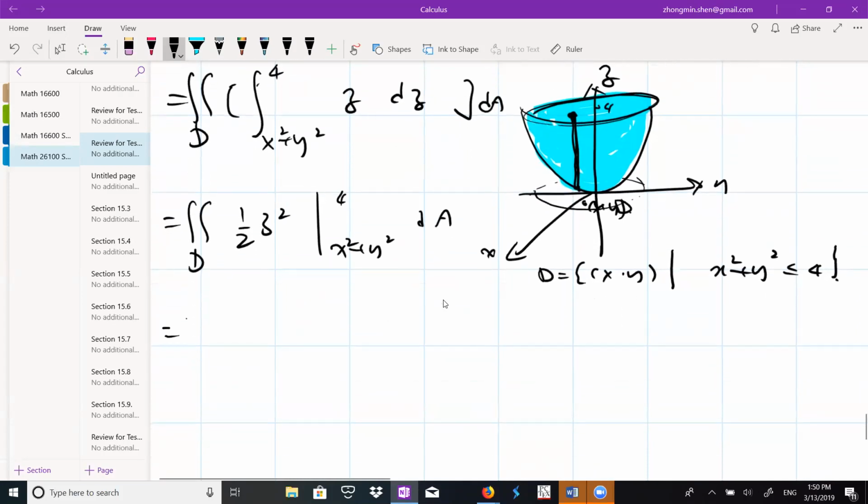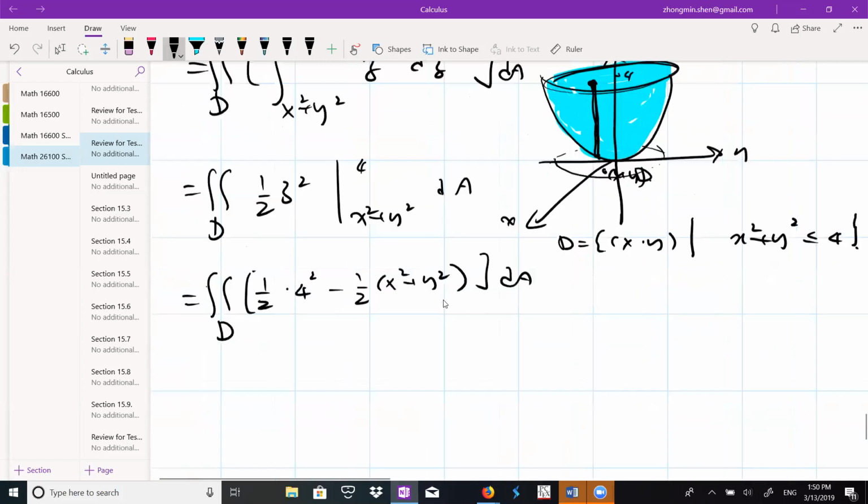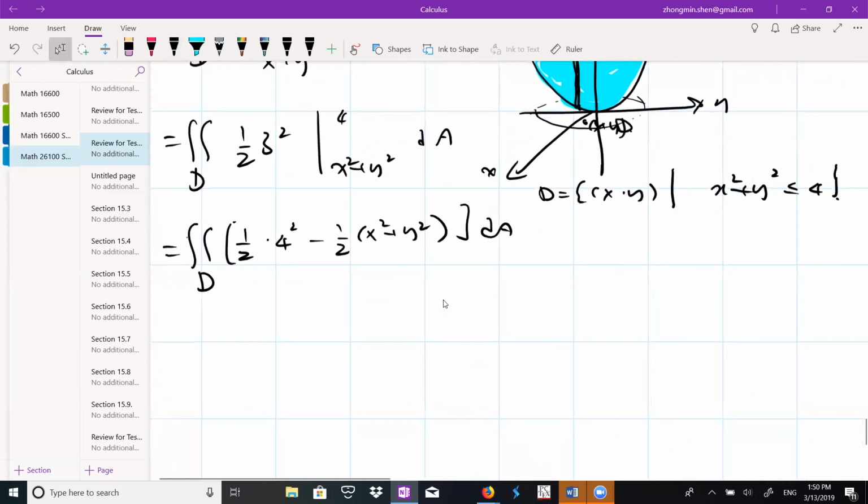All right, this is a double integral on this disk, and here it's half of 4 squared minus half of (x squared plus y squared) squared, dx dy. Clearly, we have to use polar coordinates here. Using polar coordinates, it's a disk, so r is from 0 to 2, and theta is from 0 to 2 pi.